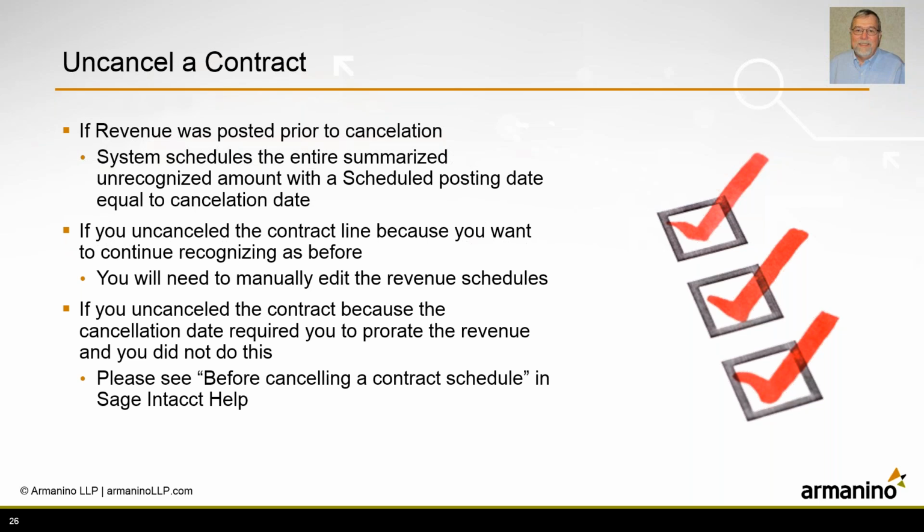And if you uncancel the contract because the cancellation date required you to prorate the revenue and you did not do this beforehand, there are some very detailed instructions. You can look in Intacct Help under before canceling a contract schedule, and it'll walk you through the number of steps you need to deal with to make sure you have the ability to properly prorate the revenue.